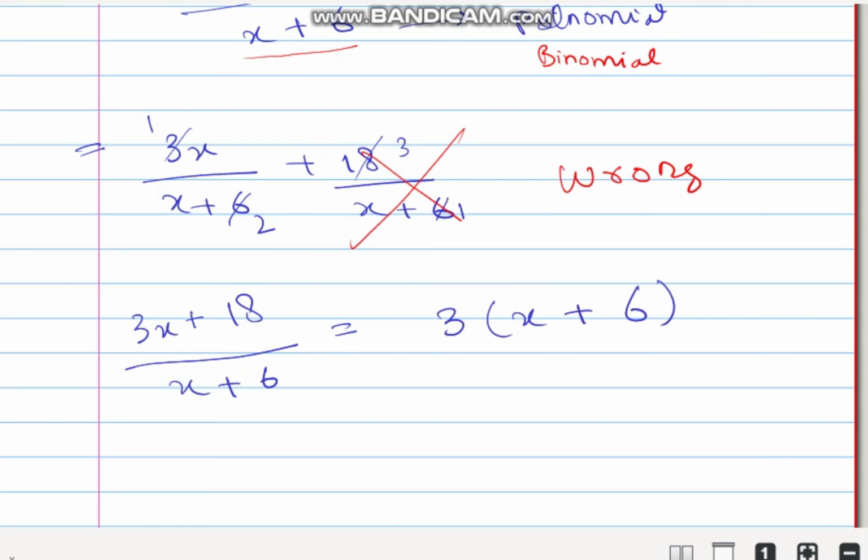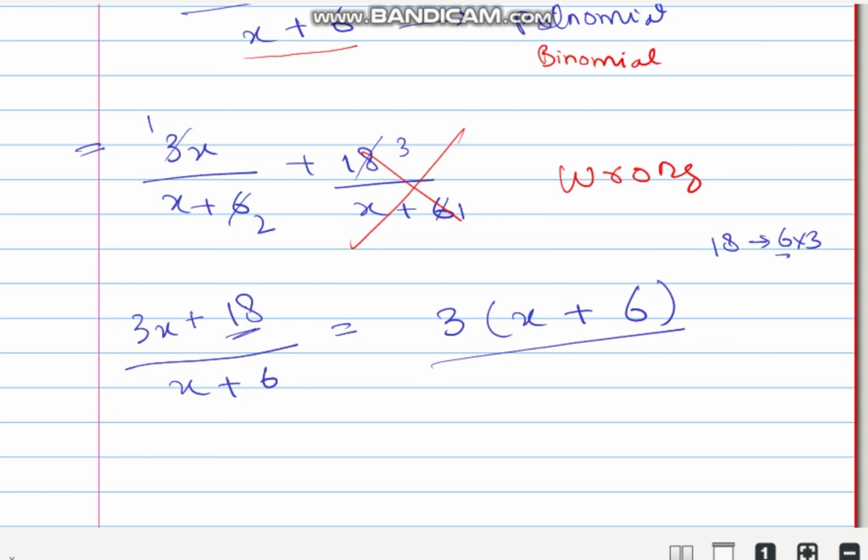I break 18 like this, 3 times 6. So 3 is common, and I take 3 out, and x will remain and plus 6 will remain. Is it okay or not?